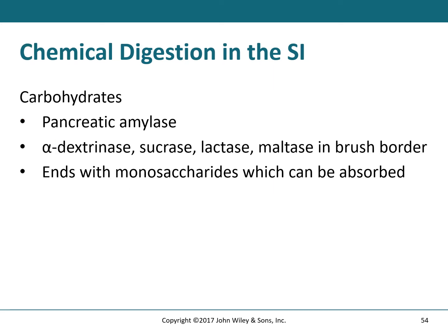Chemical digestion also occurs in the small intestine, and remember that about 90% of your nutrients are absorbed in the small intestine, so we really need to break them down. Carbohydrates are broken down via this enzyme we talked about earlier, pancreatic amylase, and also via brush border enzymes, including alpha dextrinase, sucrase, lactase, and maltase.